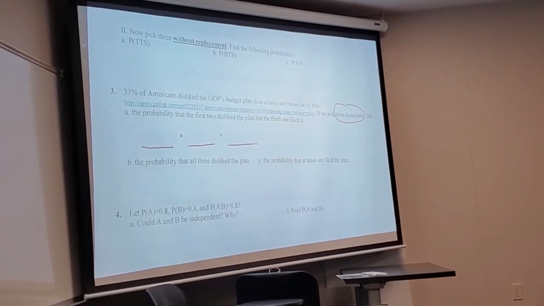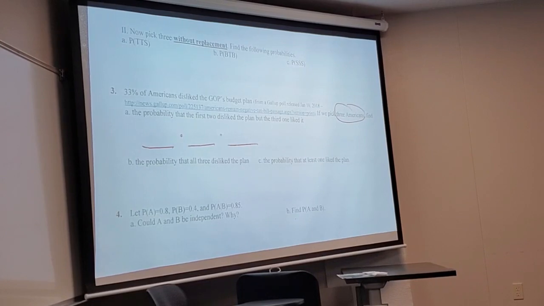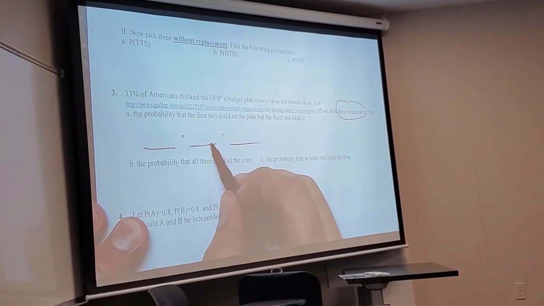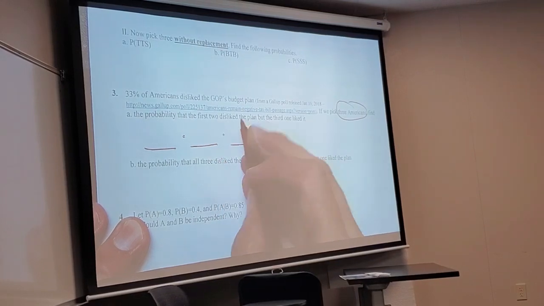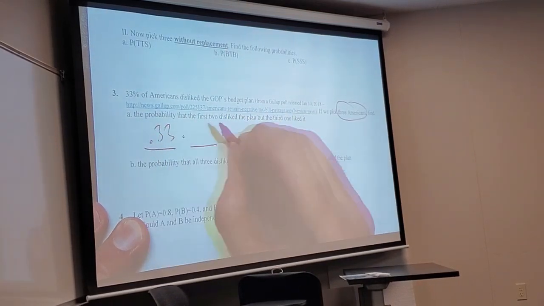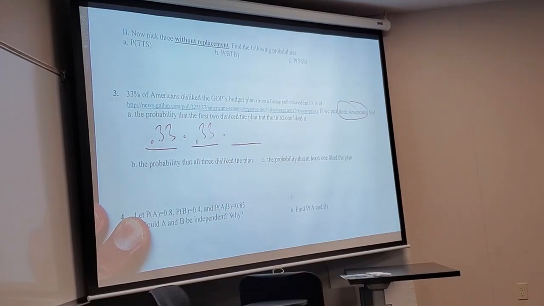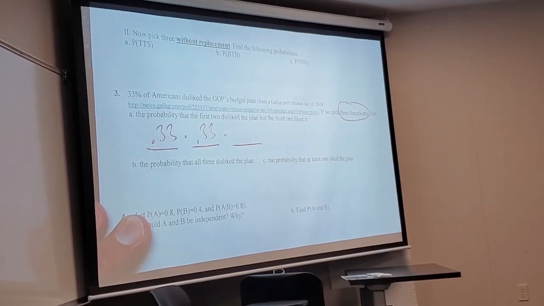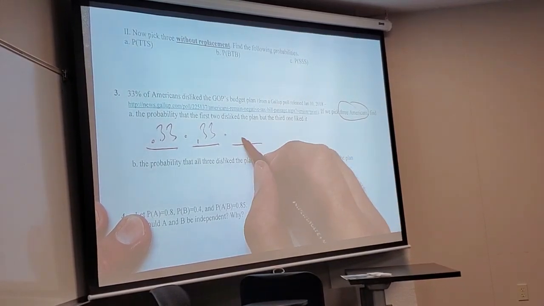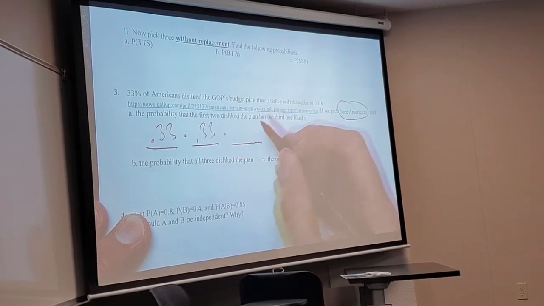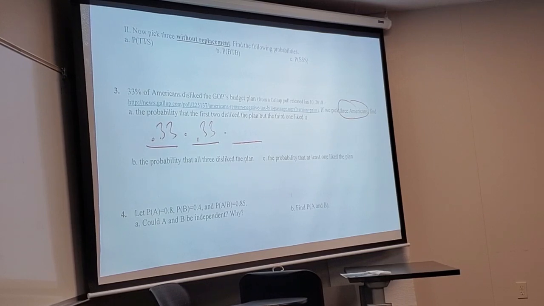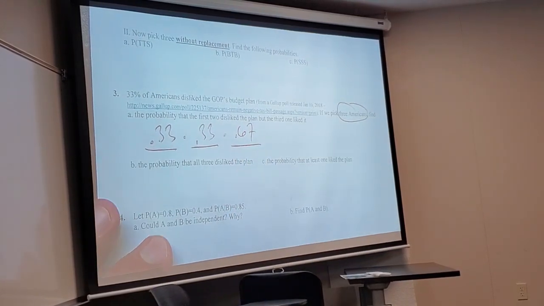I want the first 2 to dislike the plan. So what probability am I going to put in there? 0.33, right? The first 2 don't like it, but the third one likes it. What's going to go here? 0.67. Where'd she get 0.67 from? The rest, right? You guys see that?